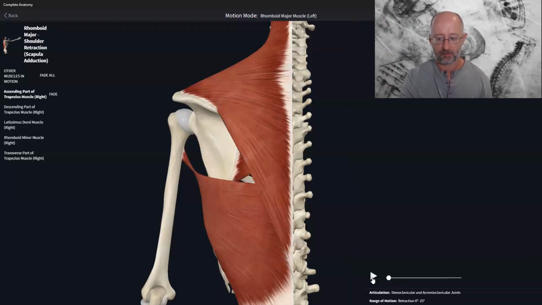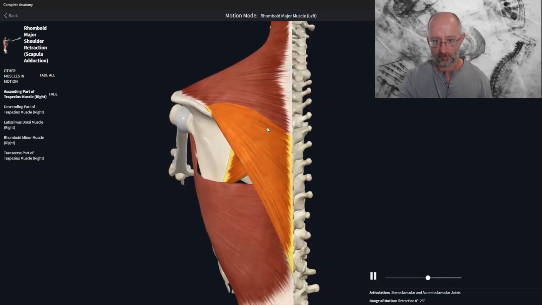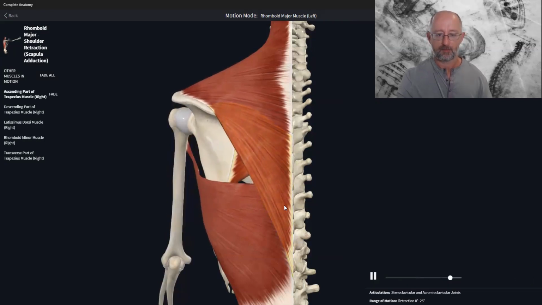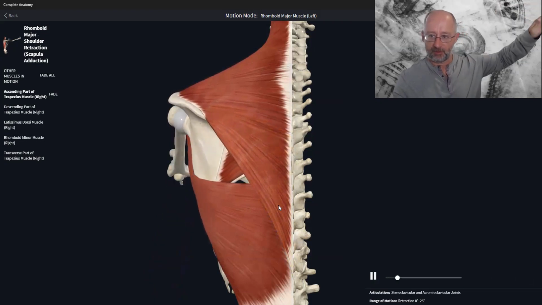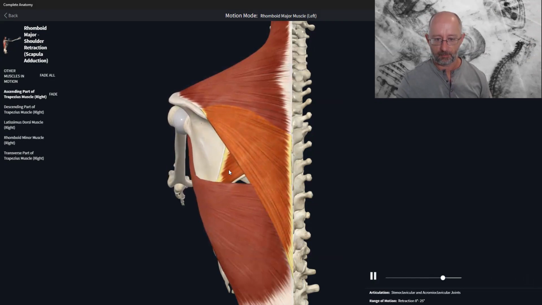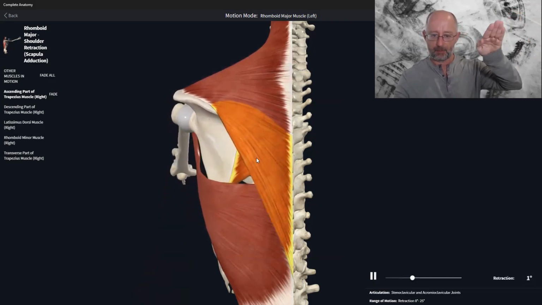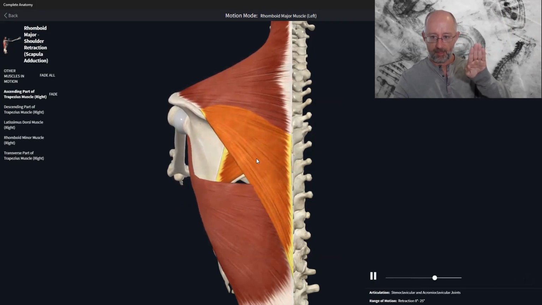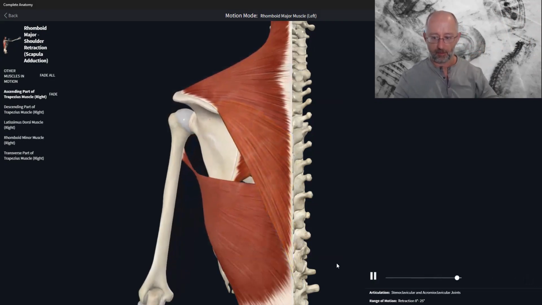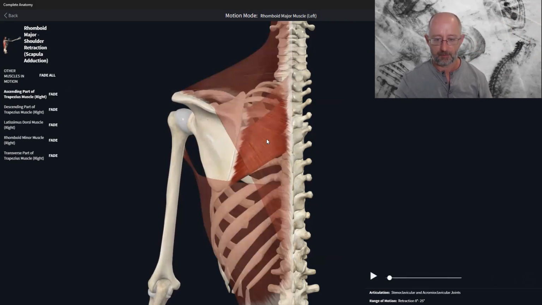So you get this downward pull, and that's where you get scapular depression. So the trapezius with the rhomboids together, it's that nice scapular retraction, adduction, and depression down. And that's the team of the scapular stabilizers.